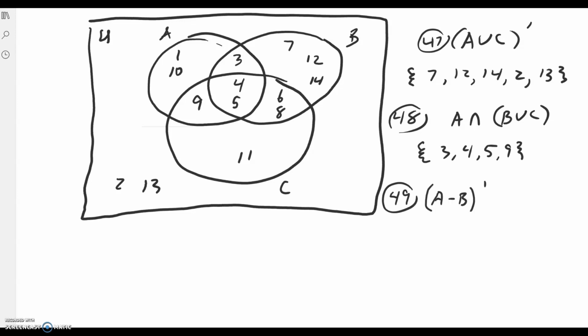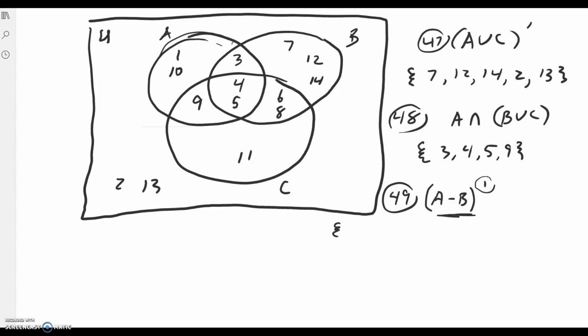Problem 49, we want the complement of whatever A minus B is. A minus B is everything that's in A that's not in B. So look at this circle here. What's in A that's not in B? Well, it's 1, 10, and 9. So this subtraction is the set 1, 10, and 9. But now we want the complement of 1, 10, and 9.